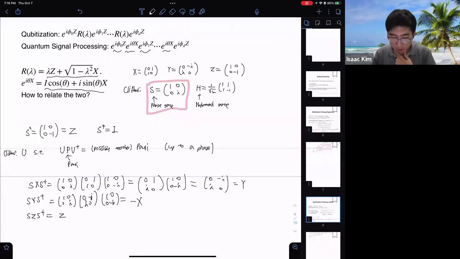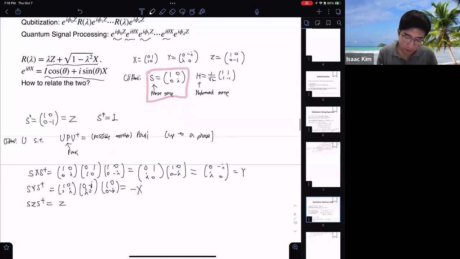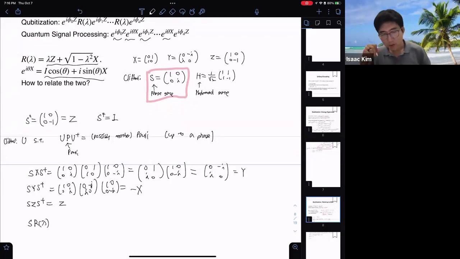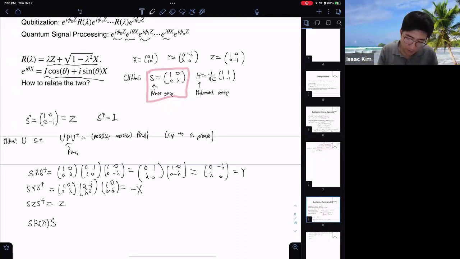Okay, and the trick here is to basically consider the following operator. Let's try to sandwich R lambda by this phase operator. In that case, we get this thing.